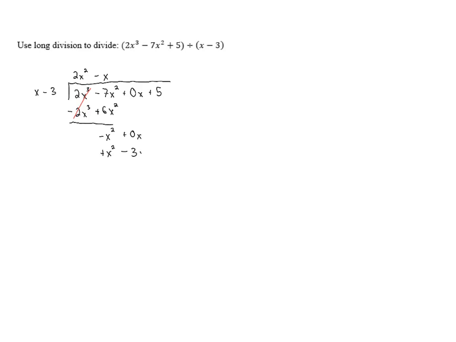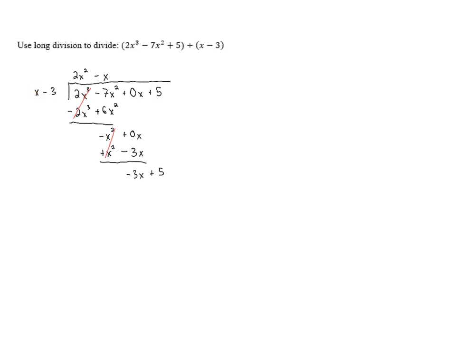Oh, and that should have been a 3x. I forgot to write the x. Okay. Now, when we combine like terms, the first two cancel, and then the second two become negative 3x. Then we bring down that positive 5, and we do the process again.